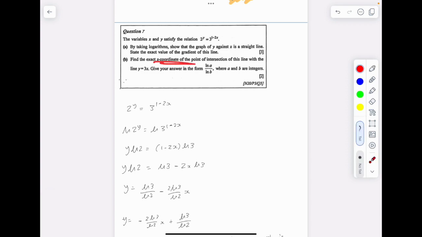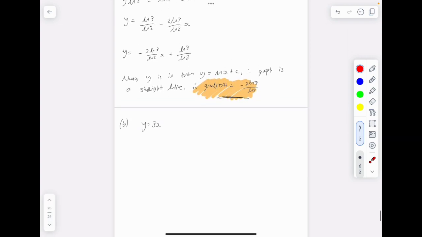And the other one is y equals minus 2 ln 3 over ln 2 x plus ln 3 over ln 2.